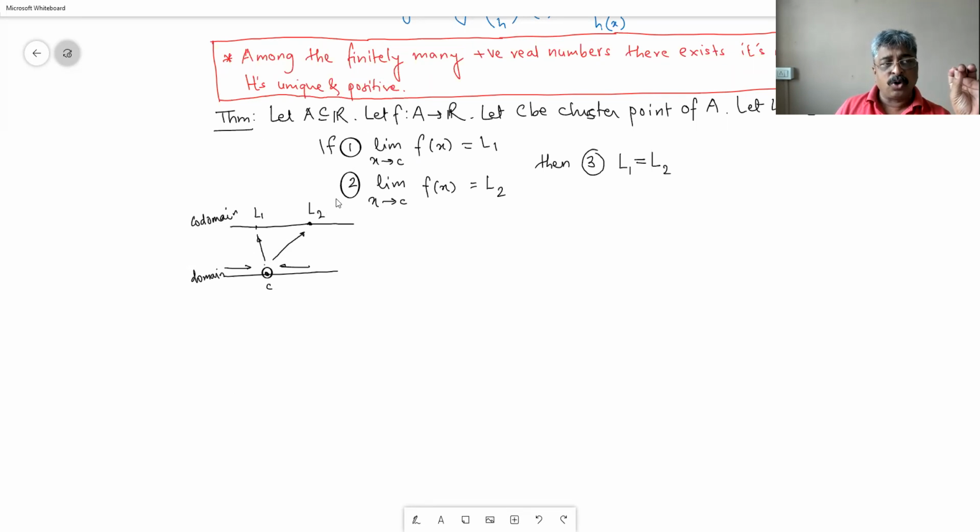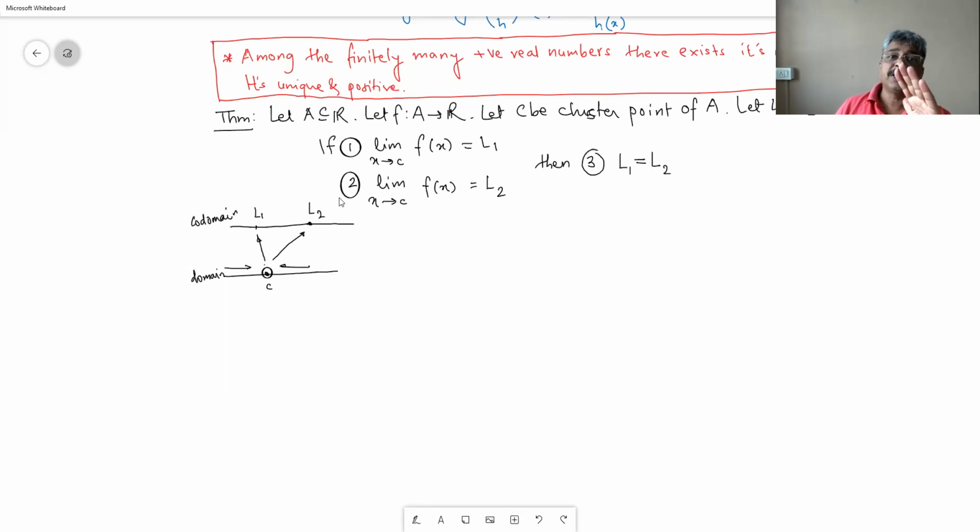The only problem was the behavior of the function near c, which was an ambiguity earlier. The definition of limit is trying to remove that ambiguity. It says don't look at what happens at c.